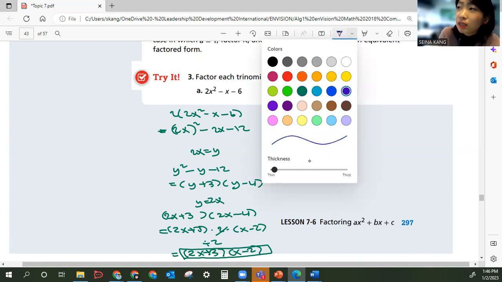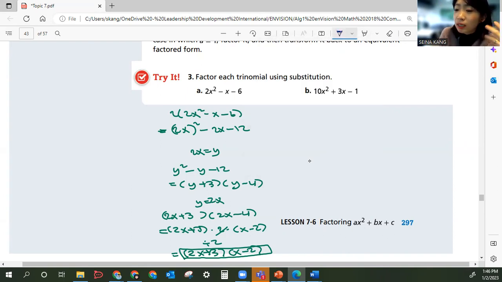Let's look at part B. It's the same process. 10x squared plus 3x minus 1. We're gonna multiply 10 to the polynomial. And then that just means we have (10x) squared plus 30x minus 10.